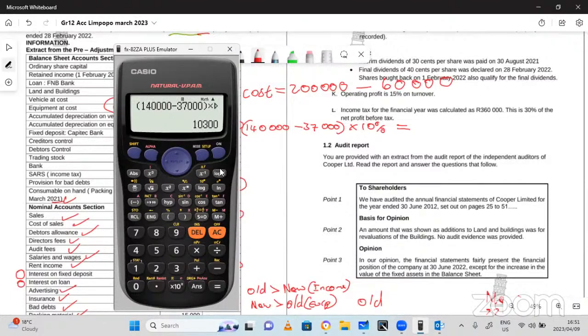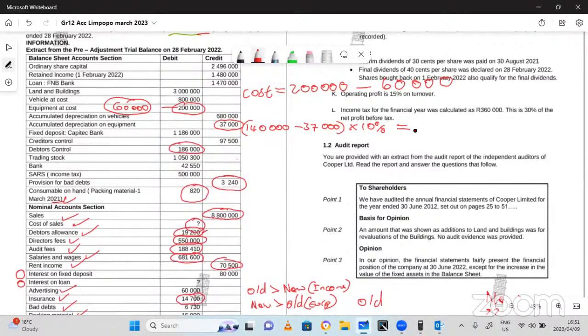You will get 10,300. So this is the amount that we are getting, guys. 10,300 is the depreciation for depreciation number 1.